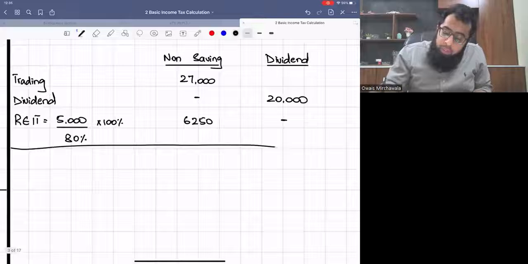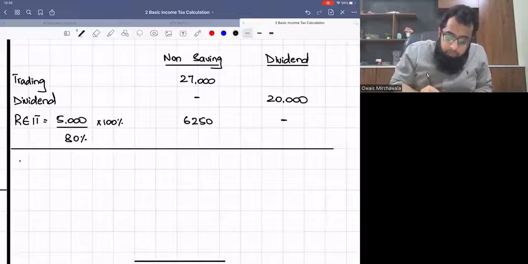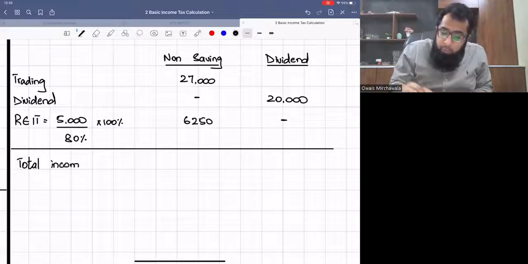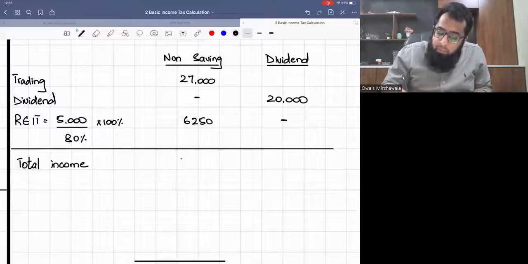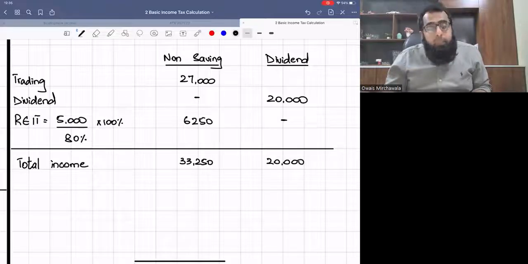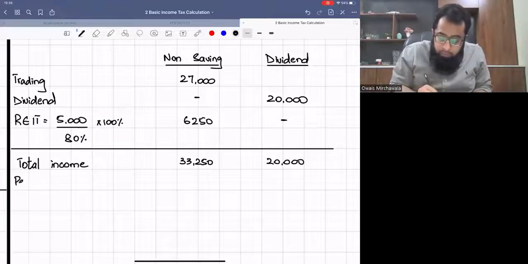Now, if we add all of the incomes, we will arrive at the total income. 27,000 plus 6250 is 33,250, and here it is 20,000. We will deduct personal allowance from it.